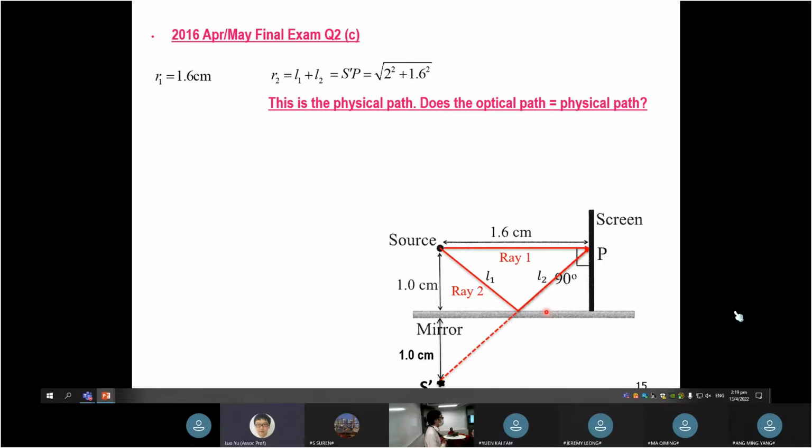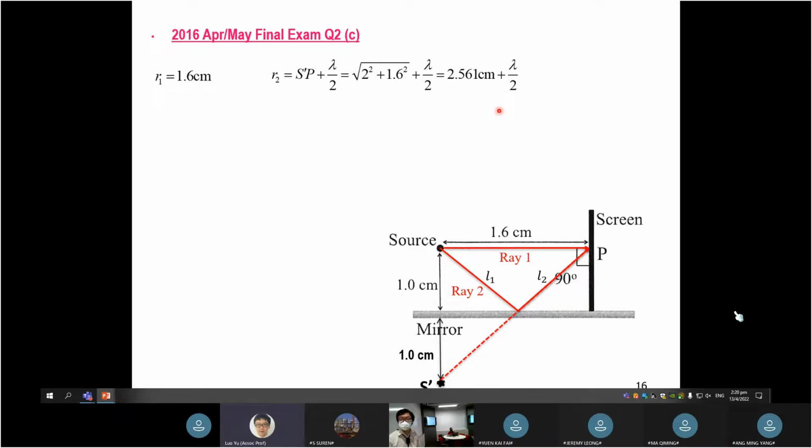You have to add another lambda over 2 onto the physical path. So in this case, my optical path should equal the physical path S prime P plus lambda over 2. So my R2 here should be about 2.5 centimeters plus lambda over 2. This is my real R2.